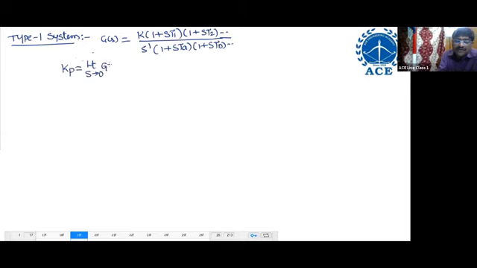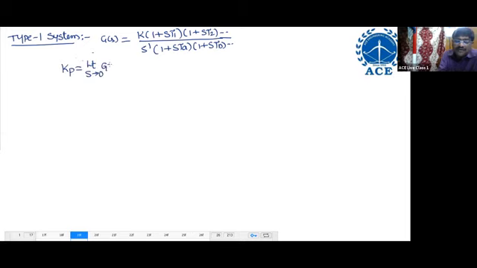As S tends to 0, substitute 0 here. What is the answer? K by 0 becomes infinity. Then what is the steady state error? ESS equals A by 1 plus infinity, which becomes 0. The steady state error becomes 0.